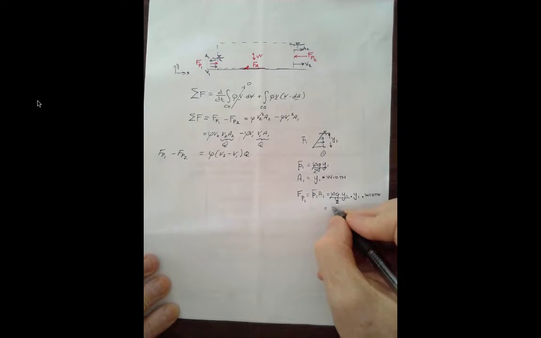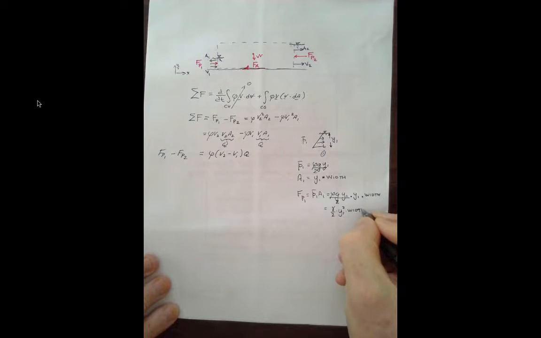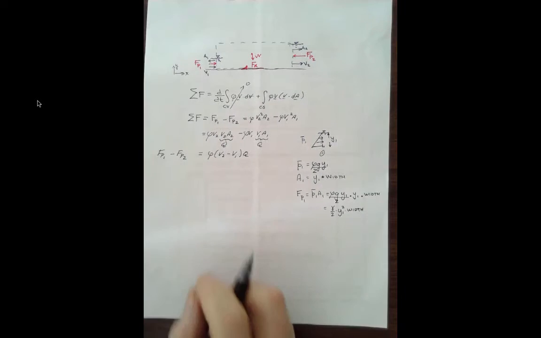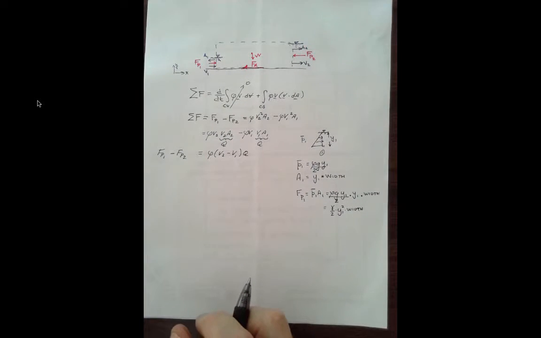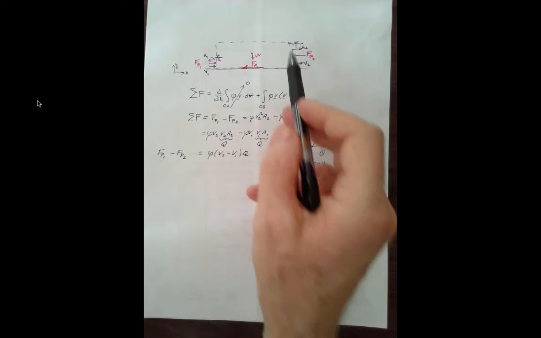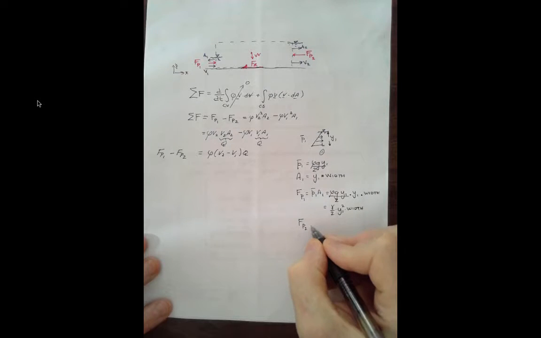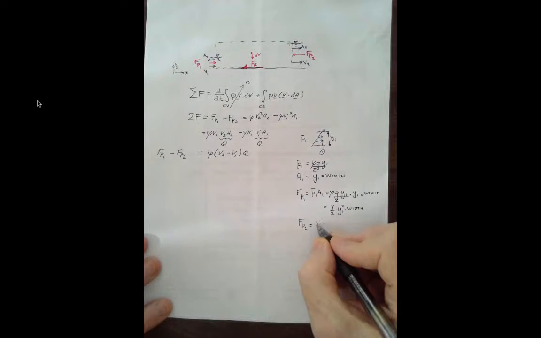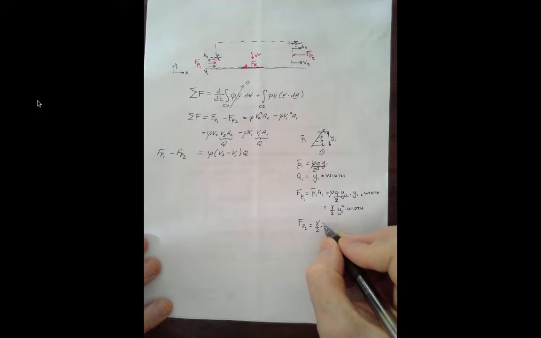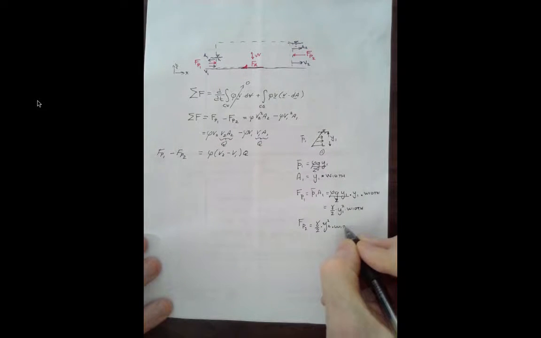So 1/2 gamma y1 squared width. Similarly for pressure 2, again making the hydrostatic assumption that we're far enough away from the jump that that's an acceptable assumption. Force of pressure 2 is going to be gamma over 2 times y2 squared times the width.